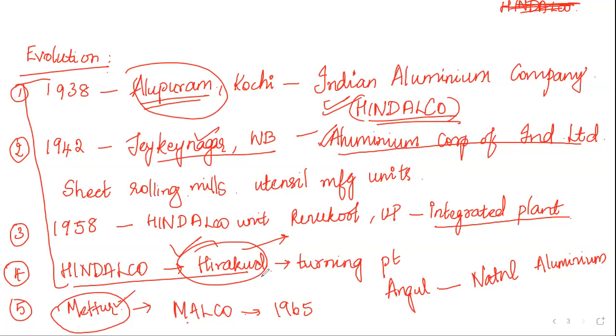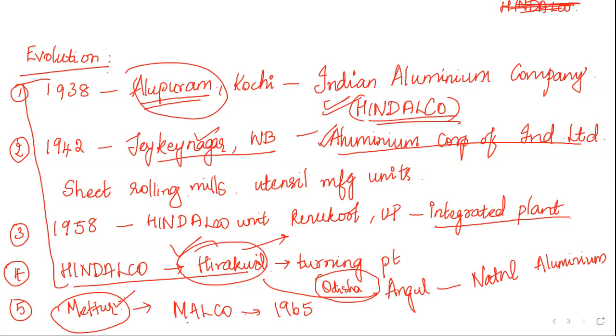You have other companies also, but this is enough. Hirakud and Angul are the plants present in Odisha. And as I've told you before, when the unit was set up in Odisha, that could be the turning point with regard to the evolution of aluminium factories in India. All right, so more or less, that is about it.